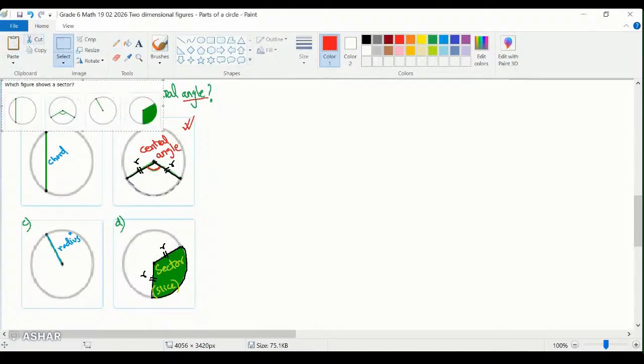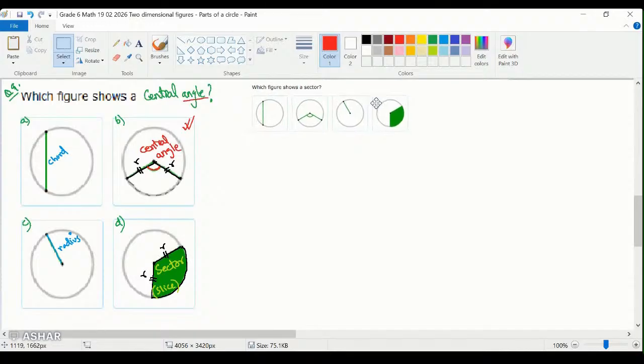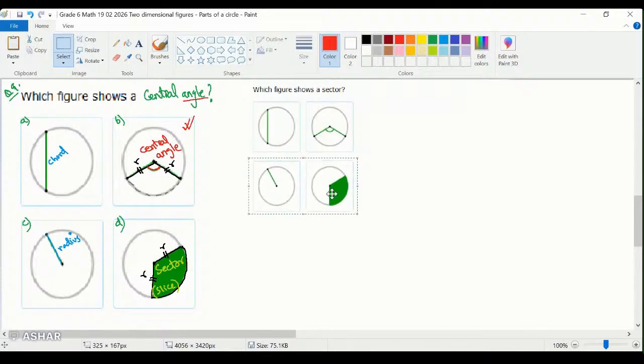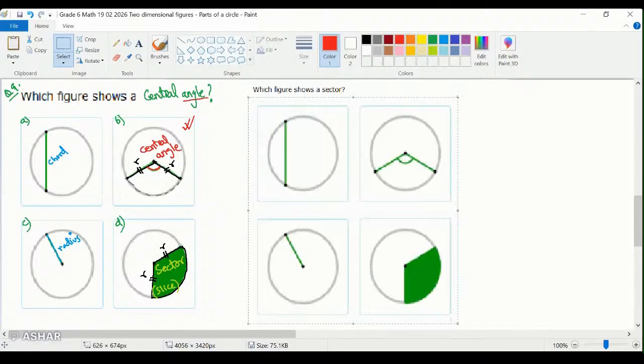For the next question, similar question. I'm reusing the diagrams, but I'll change the question. We don't have to find the sector. Let's find something else.